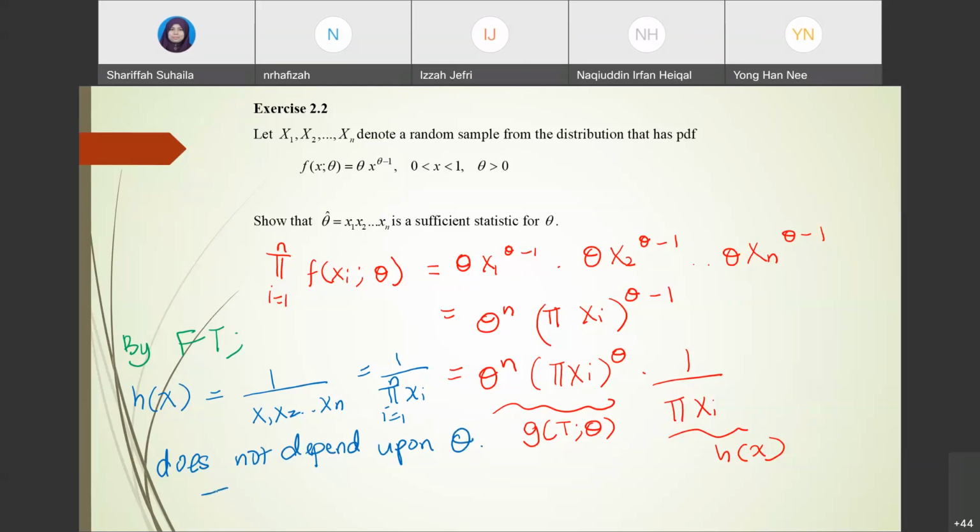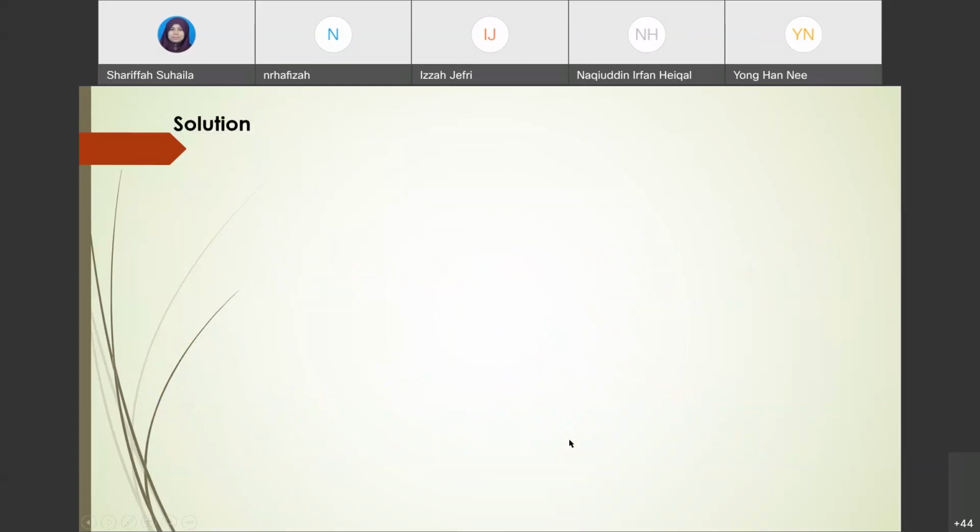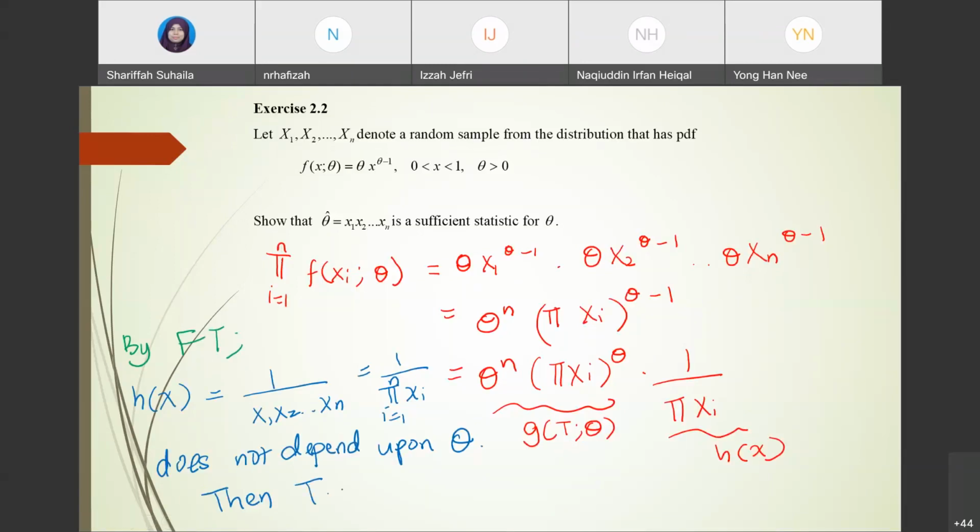So then what is its sufficient statistic? So g(t, theta) has the x. So then t equals product xi, or x1 to xn is a sufficient statistic for theta.